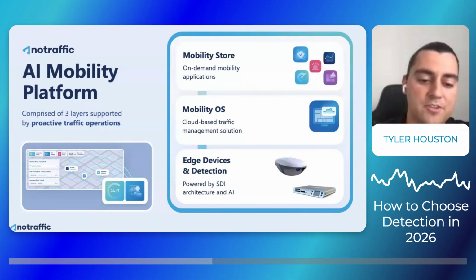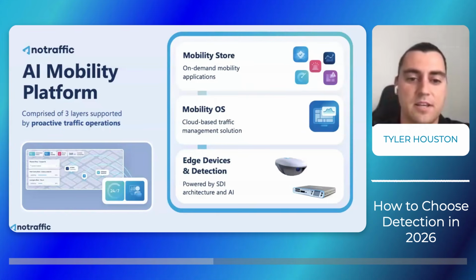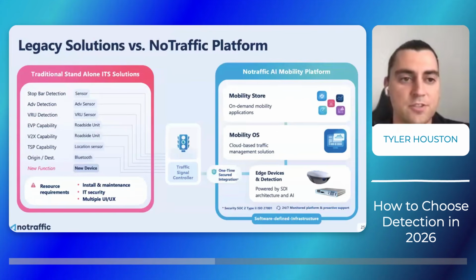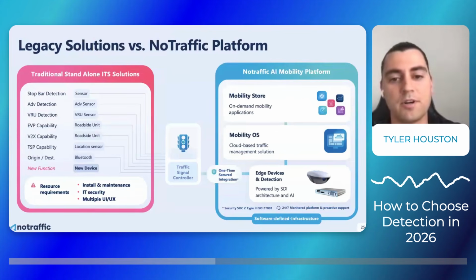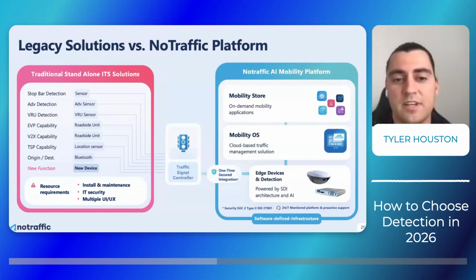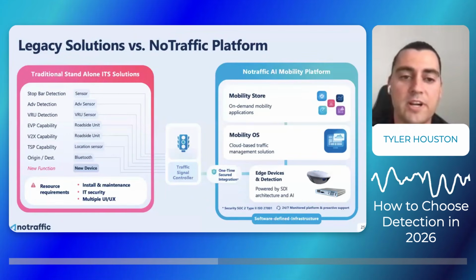Now, the problem that NoTraffic is trying to solve is that traditionally in the ITS space, when you wanted to do a new solution, this would typically mean that you would need a new piece of hardware installed at the intersection. So for pure detection, for stop bar, you would have one set of detectors. You wanted to do advanced detection, you would set another set of detectors. If you wanted to do TSP or EVP, that would be more hardware.